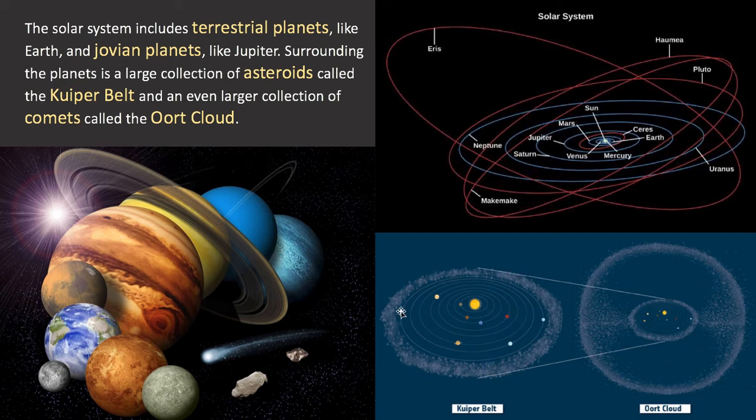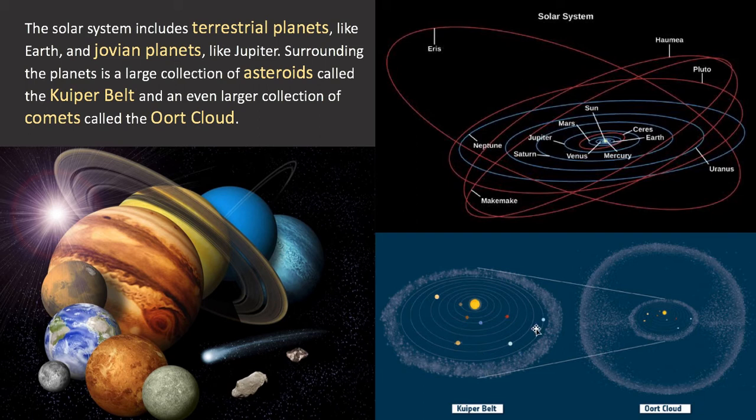Now look at the bottom right picture. The Kuiper belt surrounds the planets of the solar system, and it contains many, many asteroids. Everything inside the Kuiper belt, including the Kuiper belt, is spread out into essentially a flat disk.